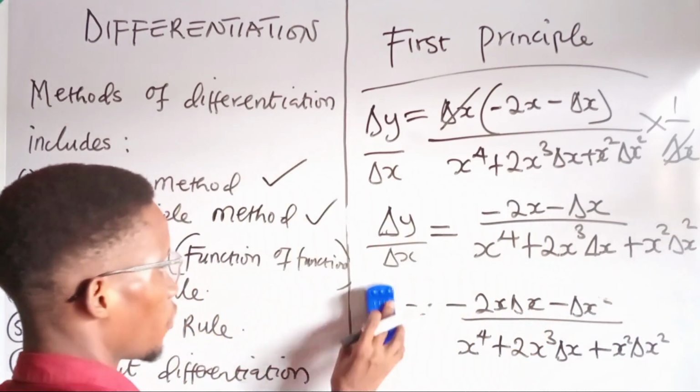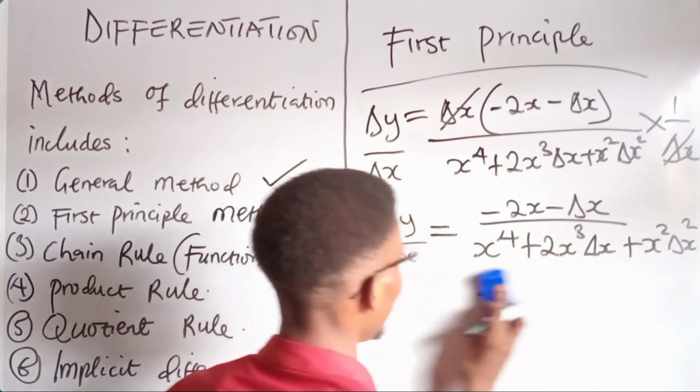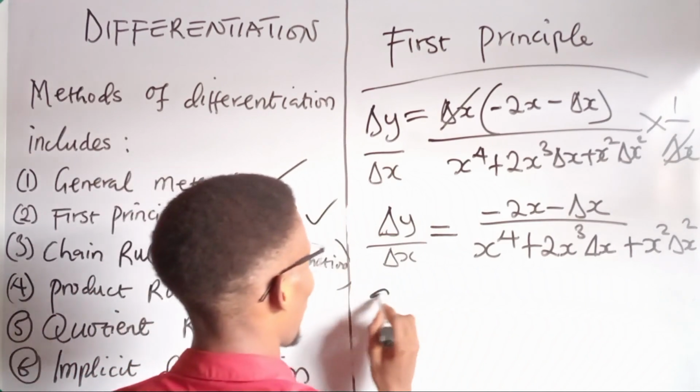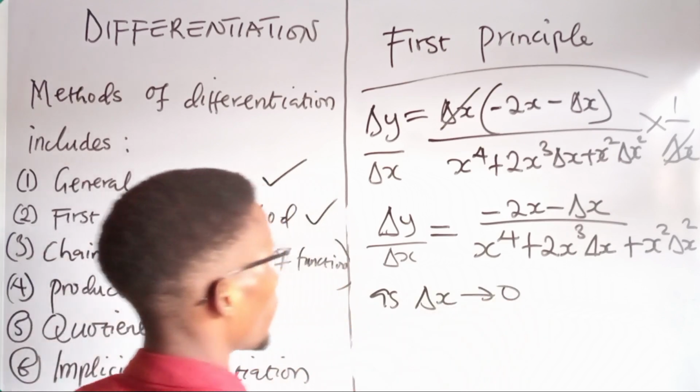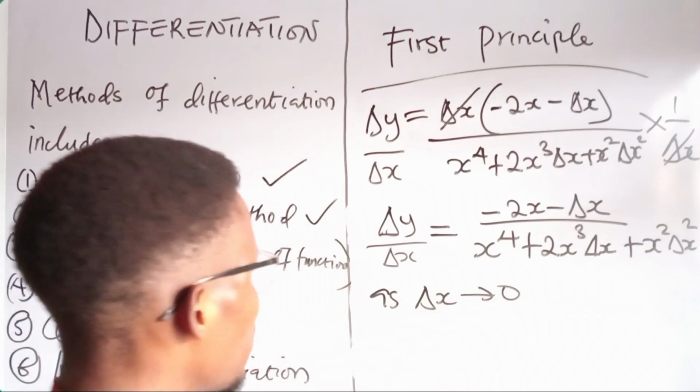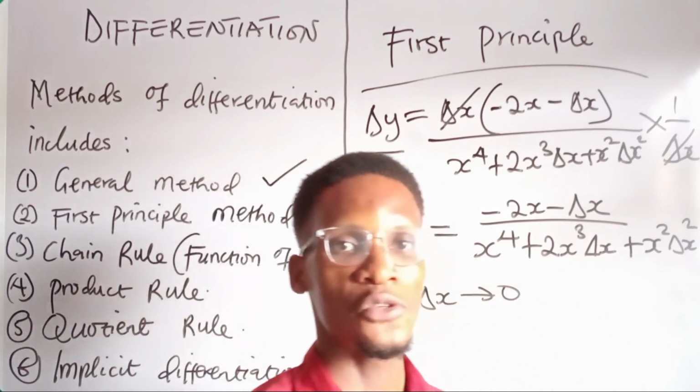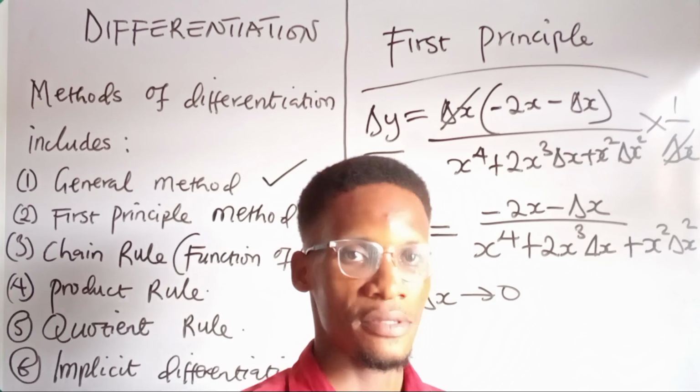Then you can now recall that as change in s tends to 0, whenever you see change in s on this side, you are going to substitute 0 as a value.